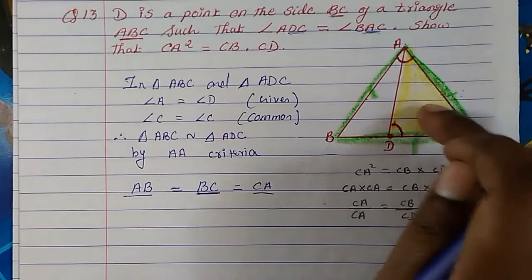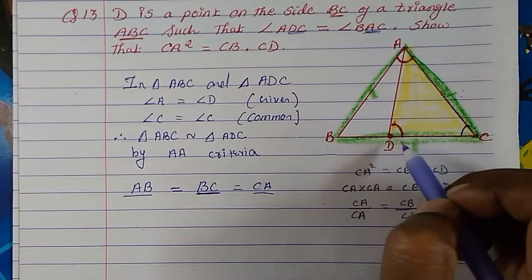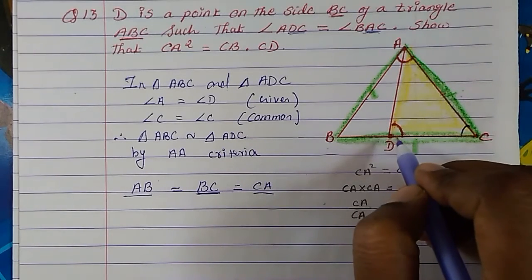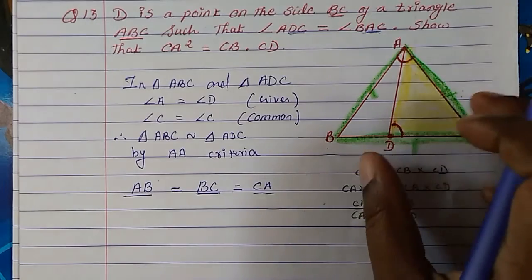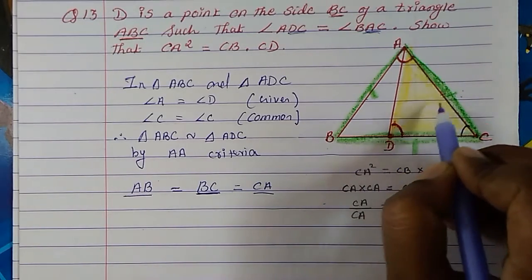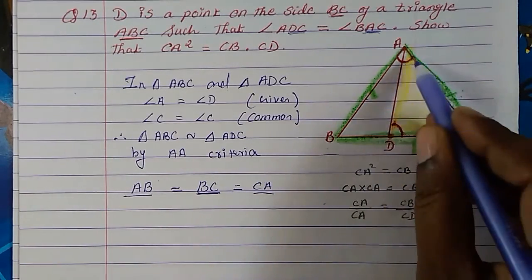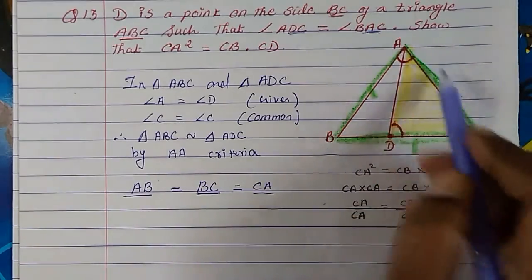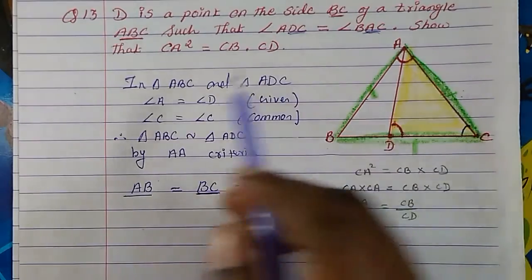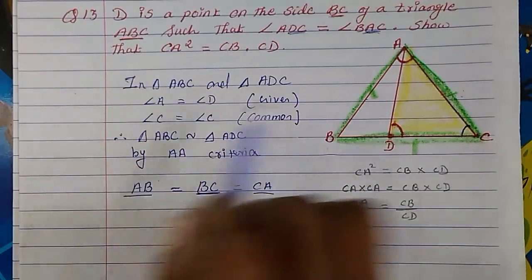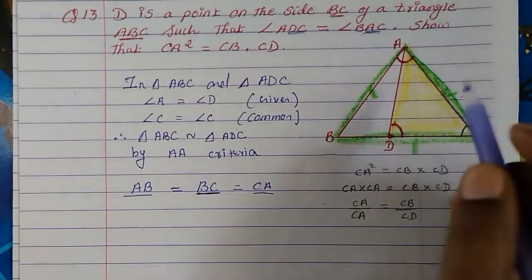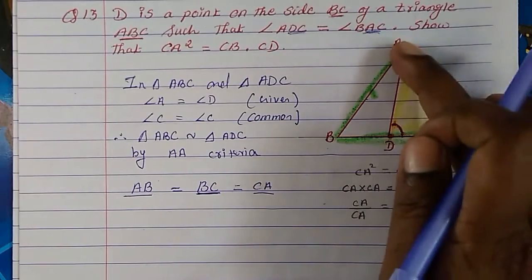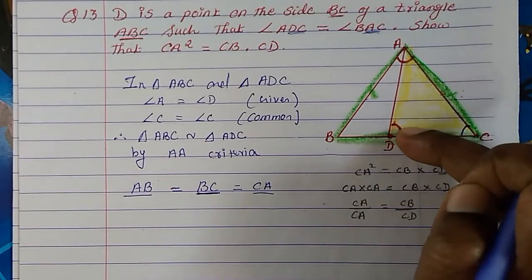So for the small triangle, we said A is equal to D. Let us see which side is opposite to D in the small triangle. We have CA. You can say AC or CA, it is the same, but since in the question it is mentioned as CA, we will take CA.